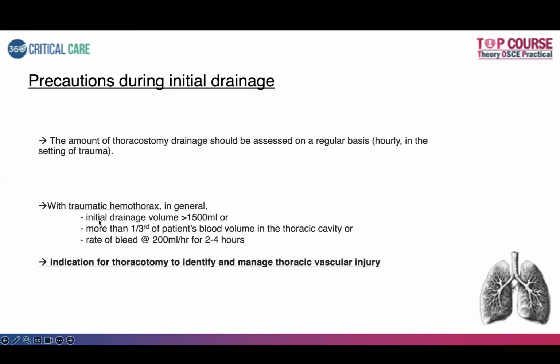One, if the initial drainage is more than 1500 ml, or if the initial drainage is more than 1/3 of the patient's blood volume in the thoracic cavity, or the rate of bleed is 200 ml per hour for the first 2 to 4 hours. If any of these are present, then you need to have a high suspicion of a thoracic vascular injury and proceed for an emergency thoracotomy.